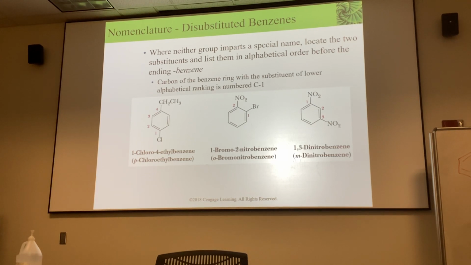When we get to chapter 22, you'll learn to associate ortho and para when we get to directing groups. We'll have electron withdrawing or donating substituents that control where we're going to make substitutions. We can either be meta-directing or ortho-para-directing.